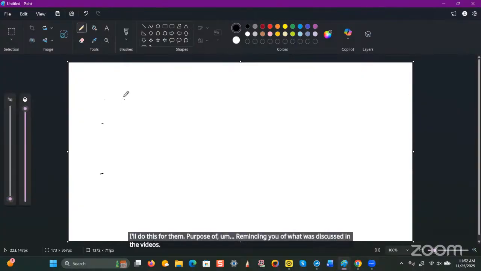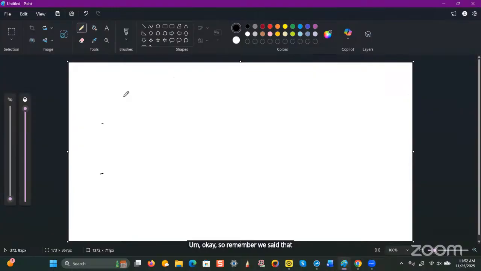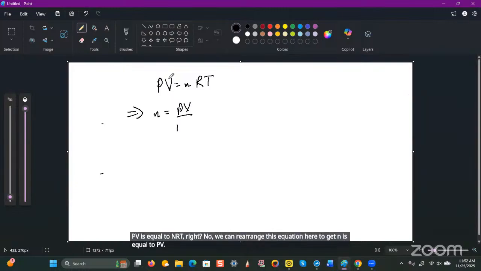Remember we said that the ideal gas law says that PV is equal to nRT, right? Now we can rearrange this equation to get n is equal to PV over RT.